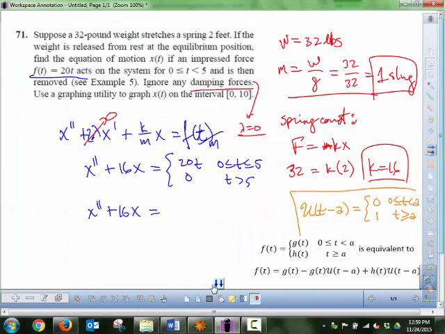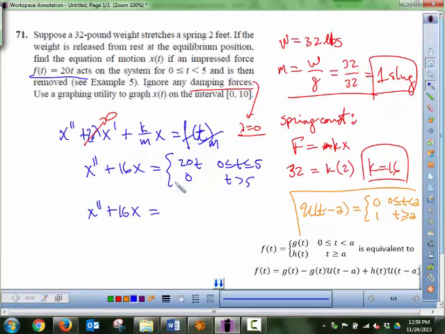So just for reference, we'll put that here. So we can write our function to be the first function here. That's 20t minus the first function, 20t, times the unit step function, and then it takes the step at 5.